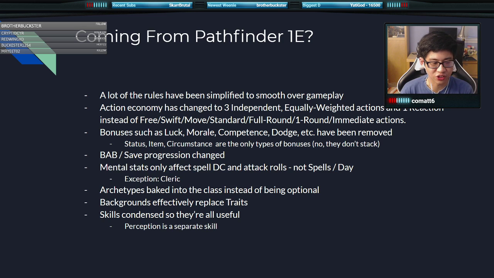Perception is now tied to your class, so each class has a certain training level in perception, and thankfully this time fighters get an expert proficiency in perception at level 1, despite the fact that they did not receive it as a class skill in Pathfinder 1, which was kind of dumb, because I'm pretty sure fighters need to see in order to fight, but I guess not, because Paizo really didn't know what they were doing in Pathfinder 1st Edition. But it's okay, because they improved so much in Pathfinder 2nd.